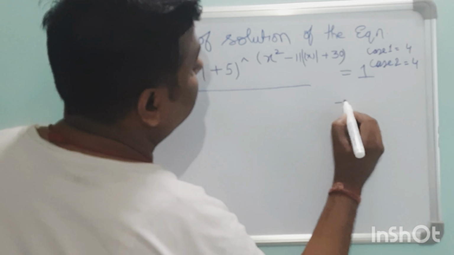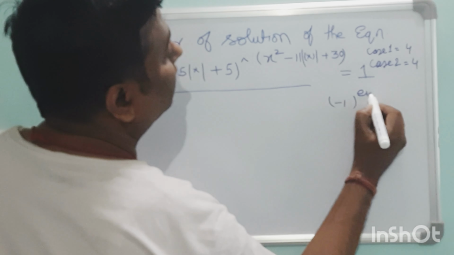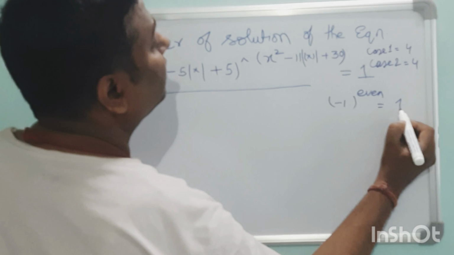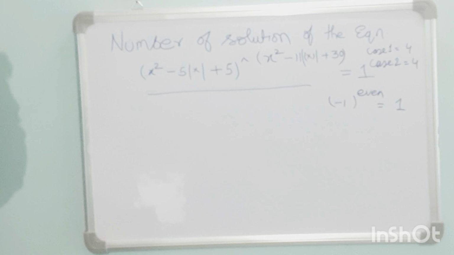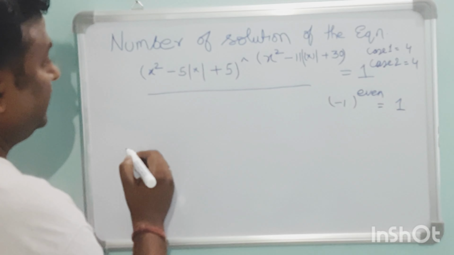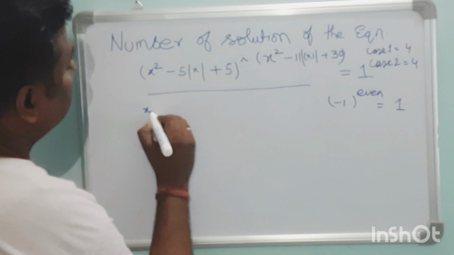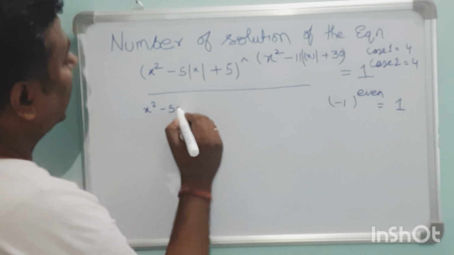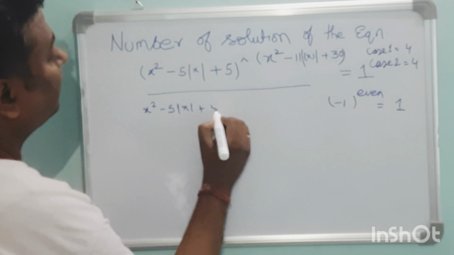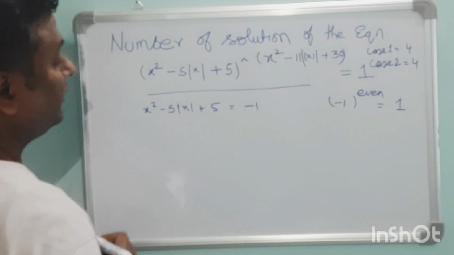Then it becomes 1, correct? Nothing wrong in this. So let us put the base part first: x square minus 5 mod x plus 5 equals minus 1.